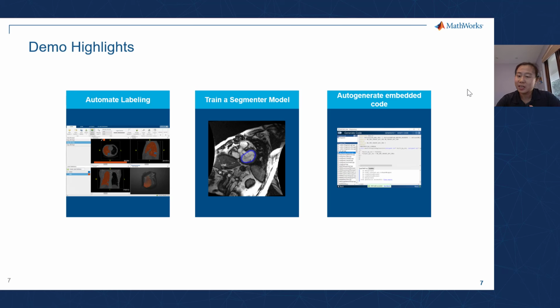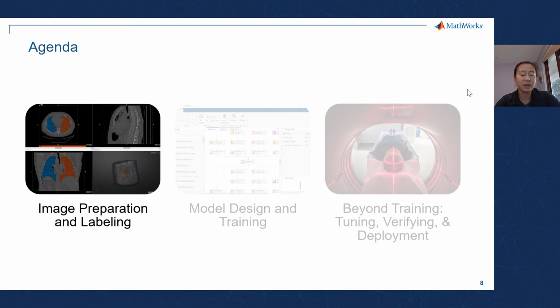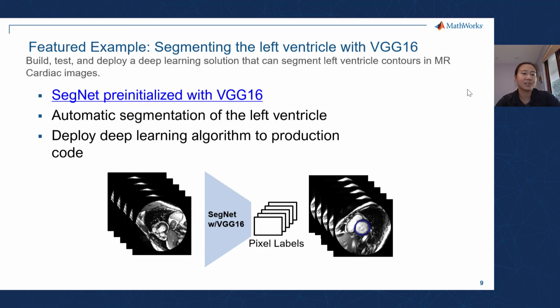And then finally, I will show the example for generating code from the trained model, but we won't actually go into the demo itself. So you'll sort of see a teaser for that. All right, so let's get started with that first task.